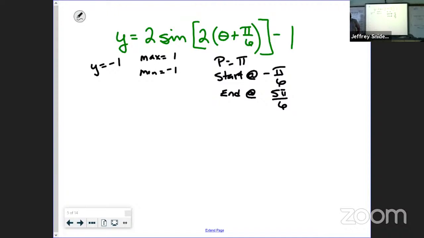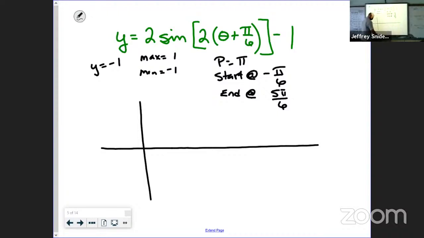That doesn't change. Given the graph paper or not, that stuff doesn't change. But now I have to sketch it. Now, I should know for sure that this has to be left of the y-axis. Where I choose to put it at, does it really matter? No, it doesn't. So I'm just going to go ahead and put it right here, -pi/6.